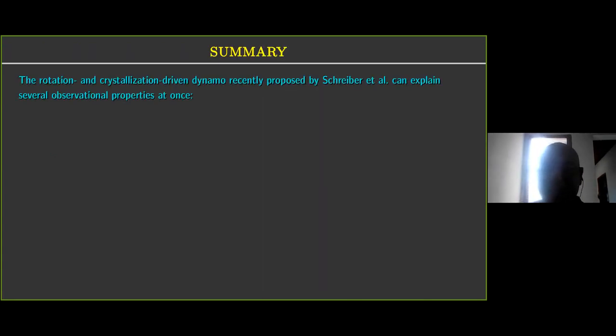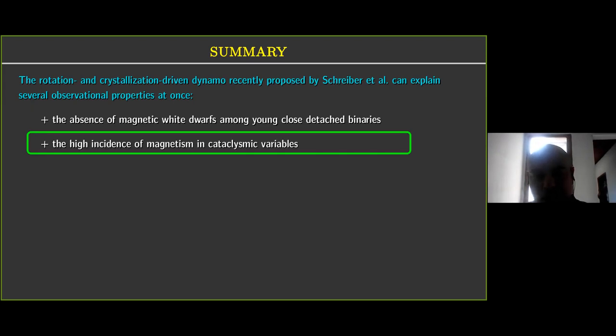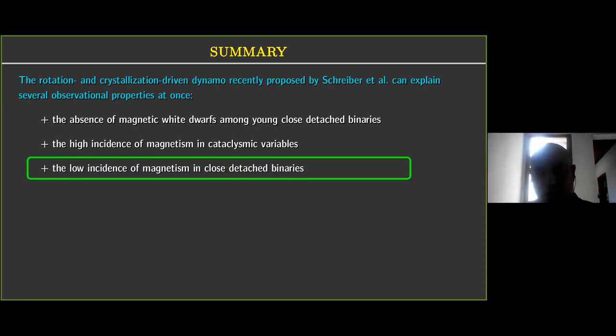I'm close to finishing. I'll just summarize the observational properties that this model can explain. The first one is the absence of magnetic white dwarfs among young, close detached binaries. Also, the high incidence of magnetism in CVs, 30–40%, and the low incidence of magnetism in close detached binaries, 1–2%, because of the time scale for this phase, so we don't expect too many.